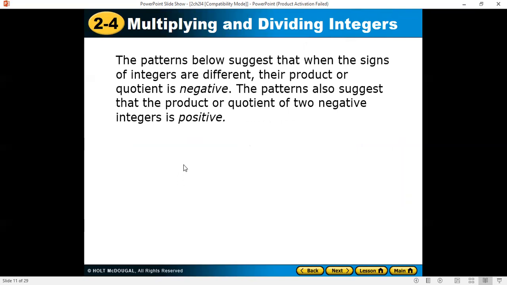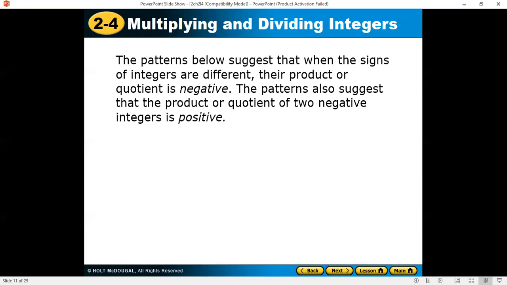The patterns below suggest that when the signs of integers are different, their product or quotient is negative. Remember that the word product is the answer to any multiplication operation, and the word quotient is the result of any division operation.